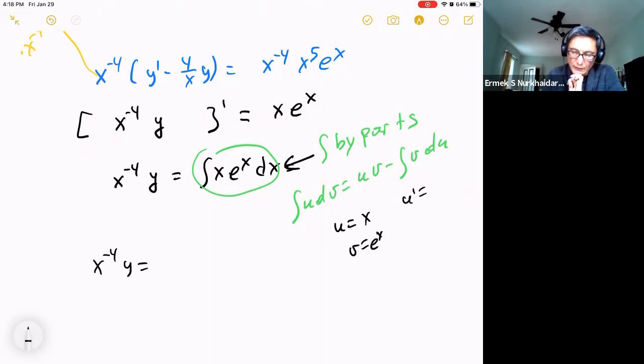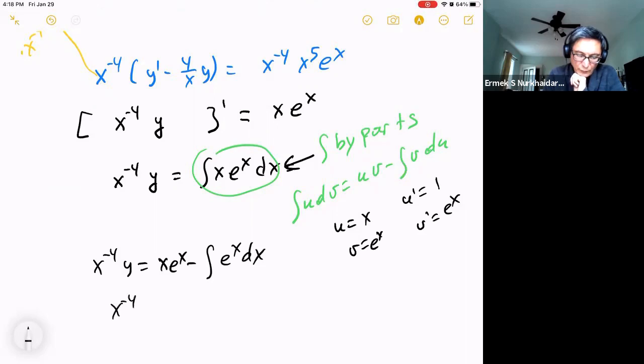So u prime equals 1, v equals e to the x. So I'm going to get u times v, x times e to the x, minus integral e to the x dx. So x to the negative 4 y equals x e to the x minus e to the x plus c.